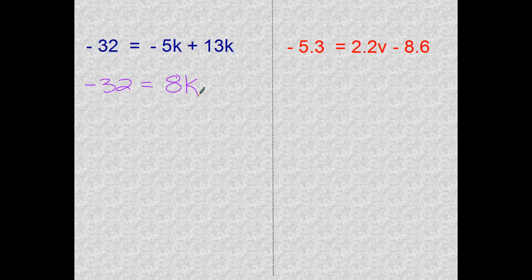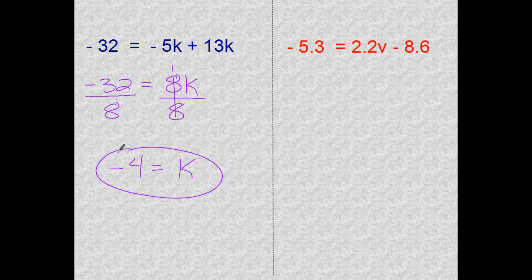Let's get rid of the coefficient 8 by dividing. These 8s cancel. Negative 32 divided by 8 is negative 4. Go check that solution.